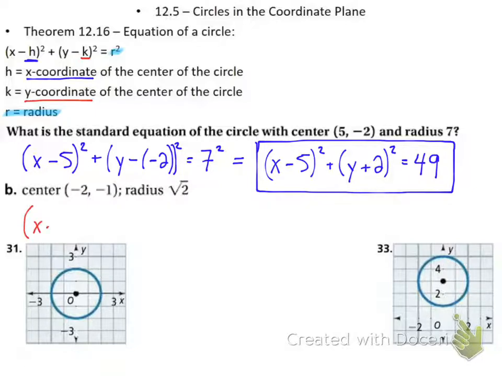I'm going to go x minus -2 squared plus y minus -1 squared is equal to the square root of 2 squared.